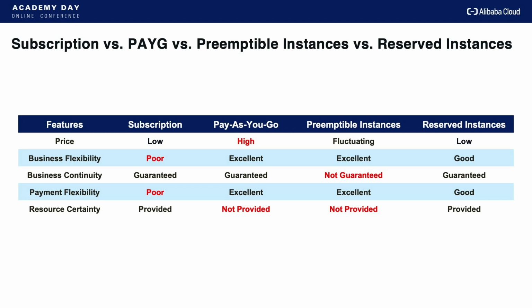But if you're just testing, or using the ECS for some experiments, pay-as-you-go might be a better fit for you, because you don't have to commit to a fixed number of resources, and you can release your instances as soon as you don't need them.